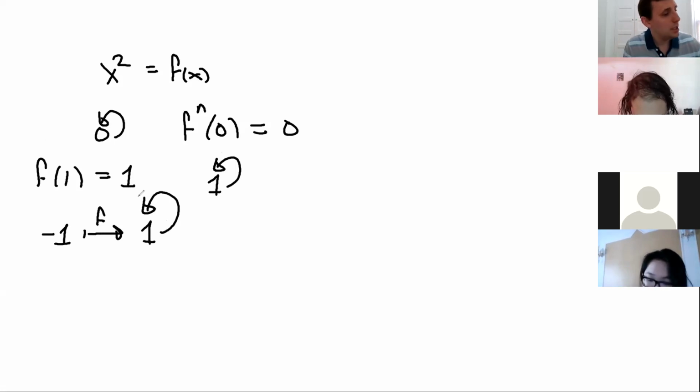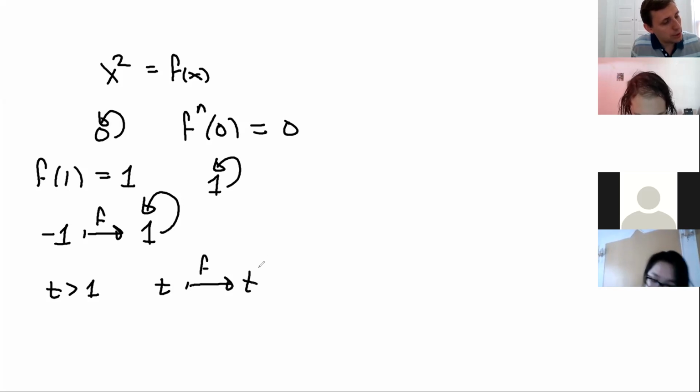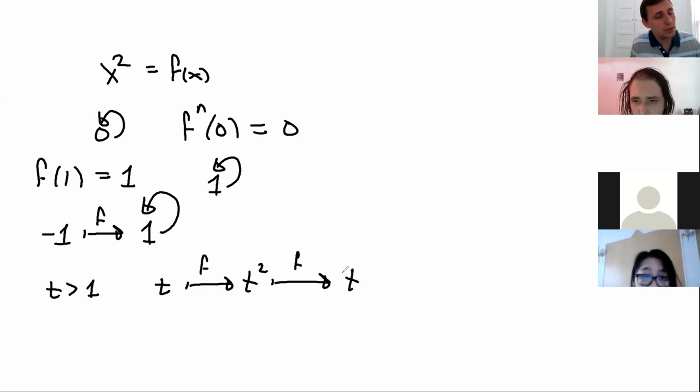You see what happens here? And then if you take a number t bigger than 1, what would happen? After applying f, t becomes t squared, which is bigger. And t squared, after applying the function again, becomes what?